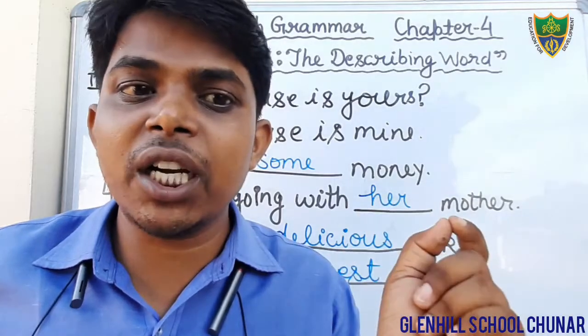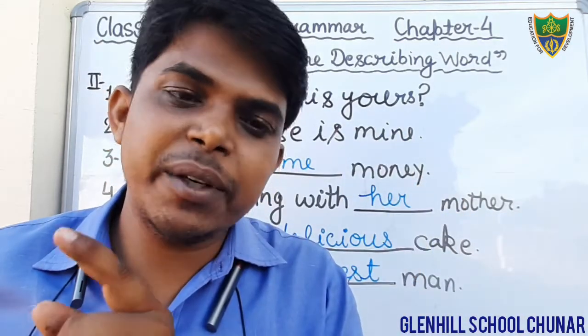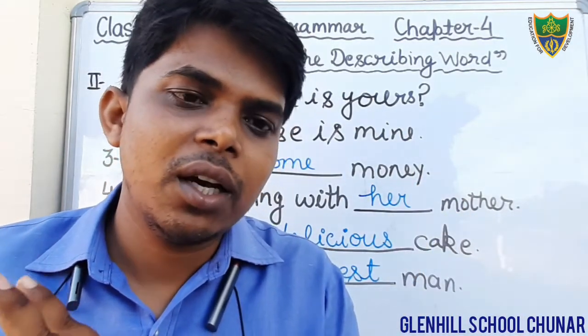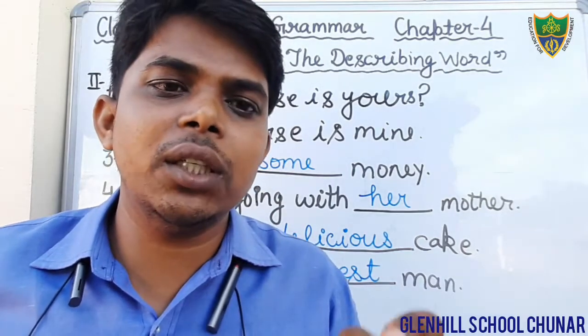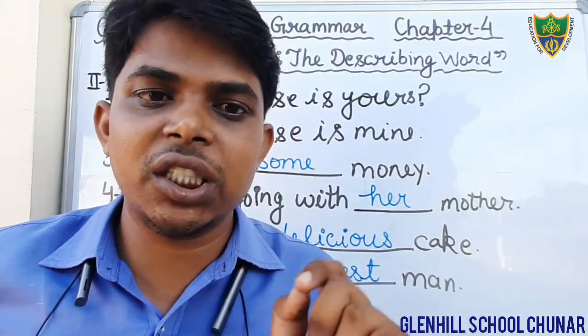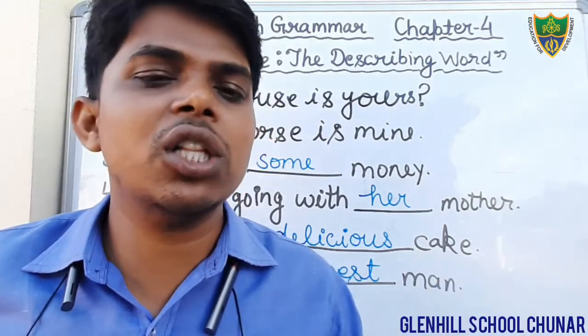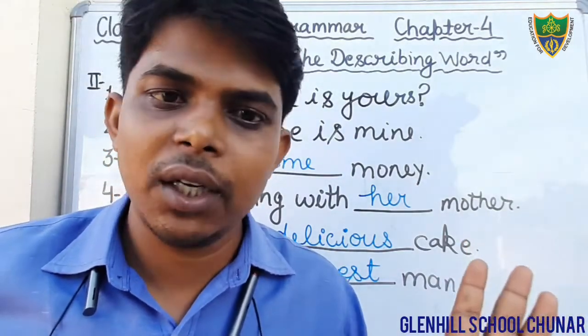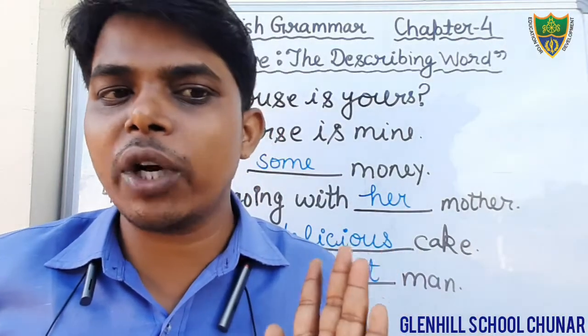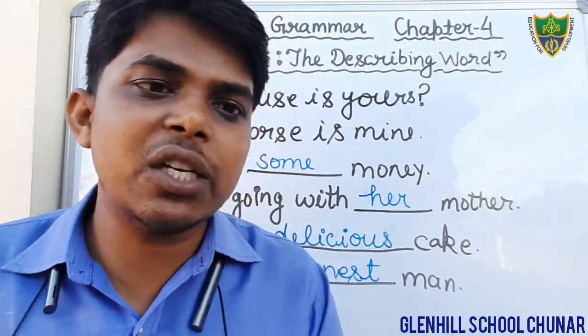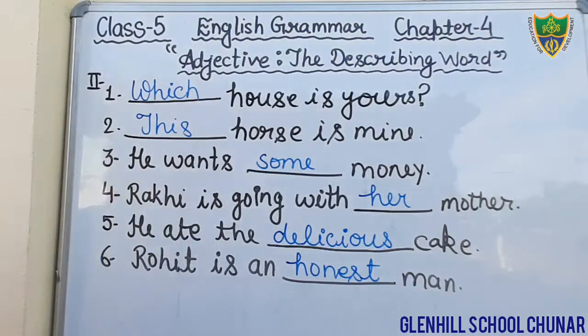Suppose that soft is there, softest will be the superlative degree. And before the superlative degree we use the article the. You have written all the things in your notebook, you can see from there. If you have any kind of problem you can ask. Now we will discuss the exercises given in exercise number 3.